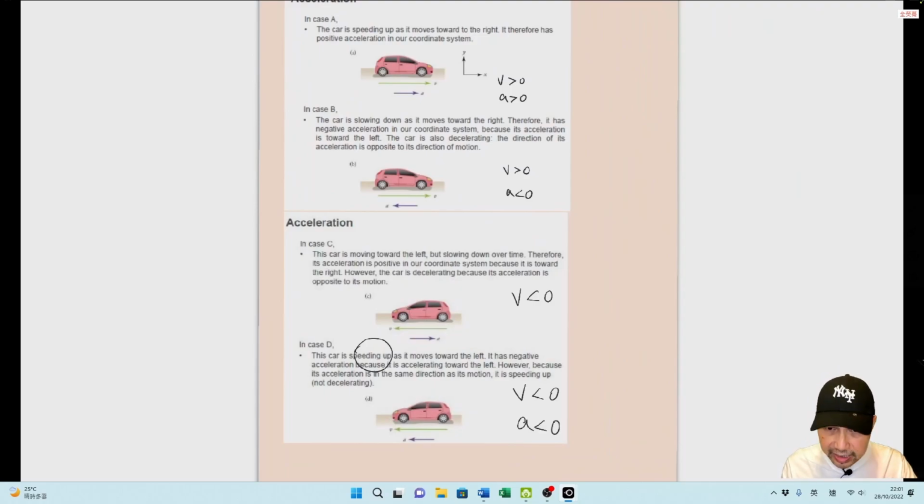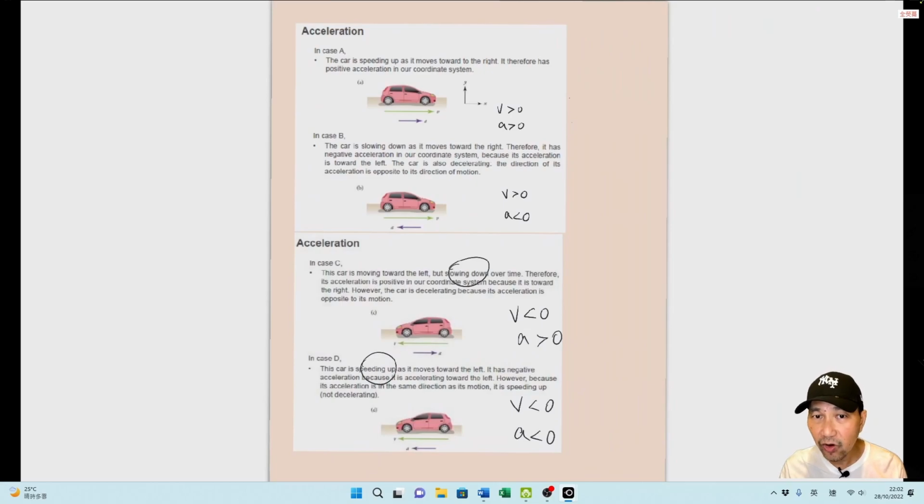Okay, in the other case it decelerates, slowing down, so acceleration is on the opposite side of velocity, so A is bigger than 0. Okay, in summary, in these 4 cases, the velocity is positive or negative depending on the direction.